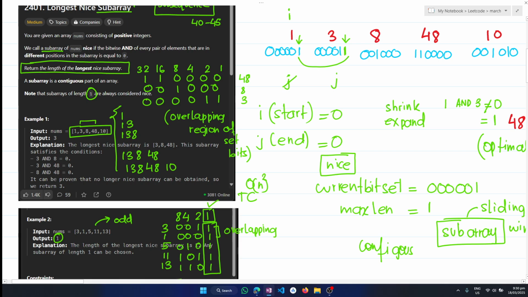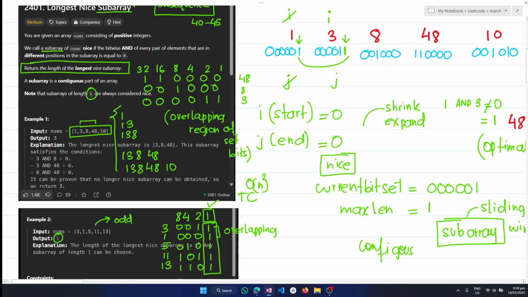The important thing is, when I shrink the window, what happens to my current bit set? This is the important part. How is my current bit set going to change? For now, let's just say I remove the 1 from it, because that is what I have to do, right?